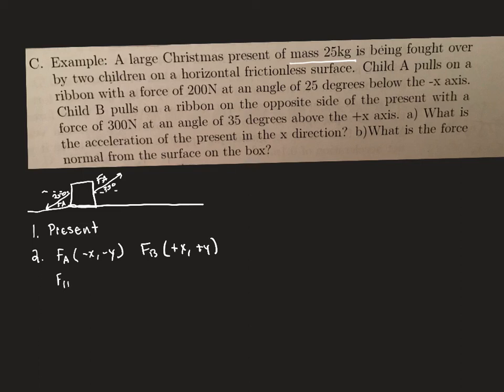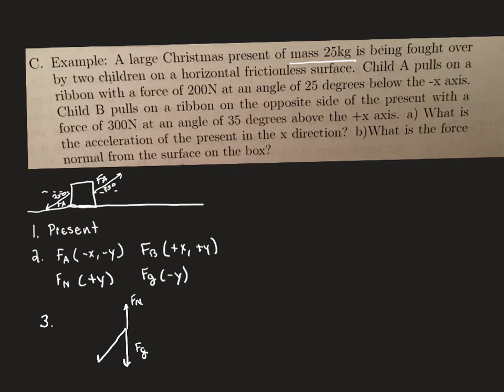So we're going to have a force normal in the positive y direction. And then the box has mass, so that means there's going to be a force of gravity acting in the negative y direction. Alright, so now I need to draw my free body diagram. So I'm going to have force normal straight up in the positive y, force due to gravity straight down in the negative y.